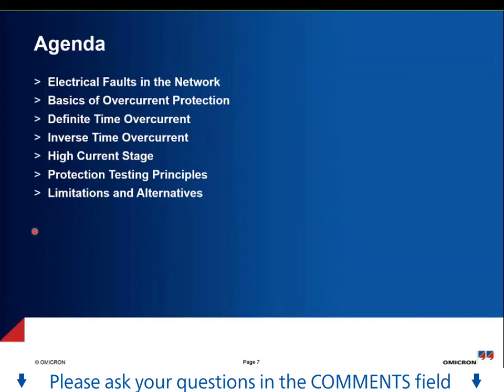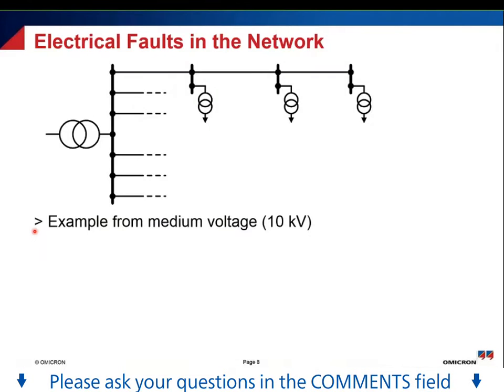So let's start with the first thing, electrical faults in the network. Here, as an example for you, is a medium voltage network. You can see it is one transformer injecting into a medium voltage network, which is, for example, 10 kV. And we have multiple feeders connected to our bus bar.